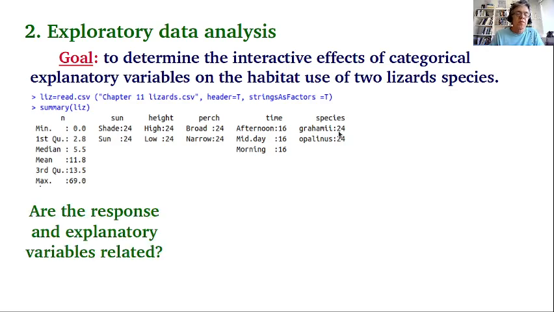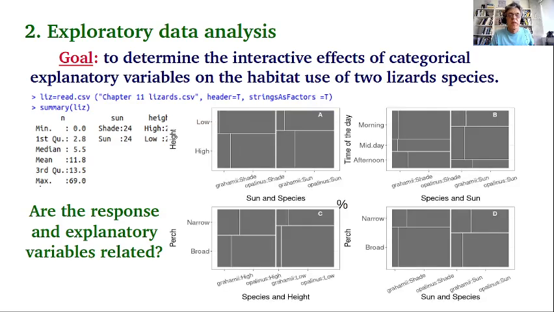So the question of whether these explanatory variables are related can be addressed with a specific type of plot called the mosaic plot, that looks threatening at first sight, but can actually be pretty handy. So let's focus on the first graph, A. Here we have the two-way combinations of Grahami shade, Opalinus shade, Grahami sun, and Opalinus sun, and height, low and high, perching sites.